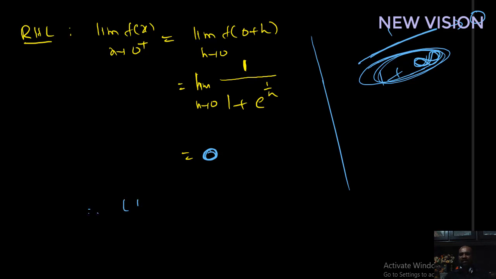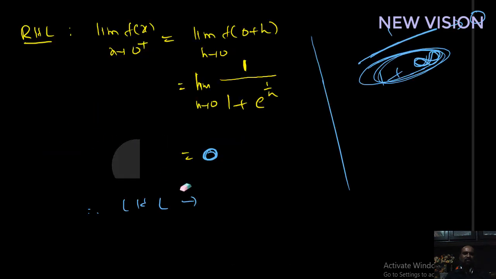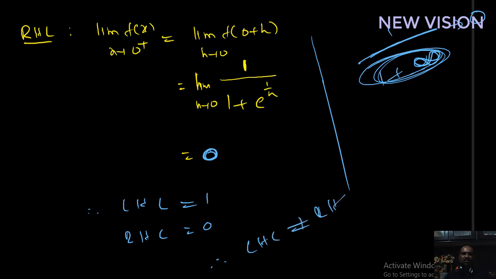Therefore LHL equals 1, and RHL equals 0. Therefore LHL is not equal to RHL. Therefore f is discontinuous at x equal to 0. So this is an interesting problem.